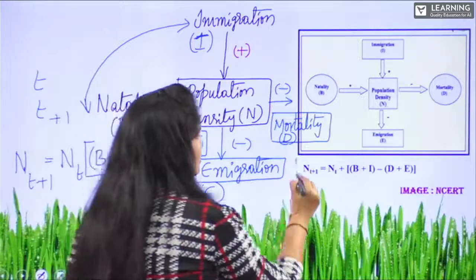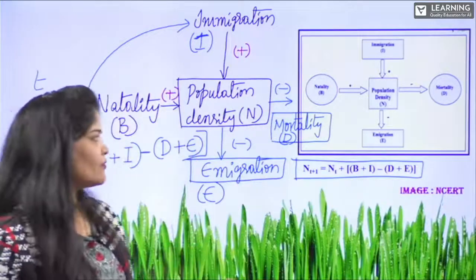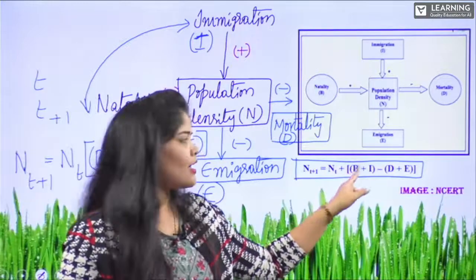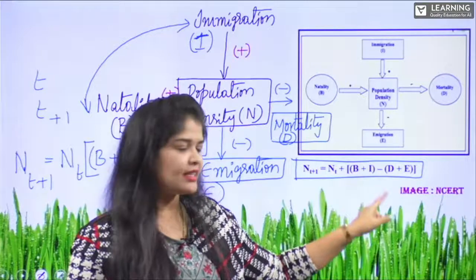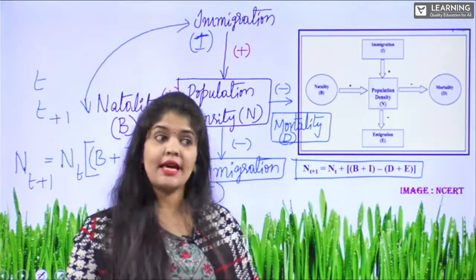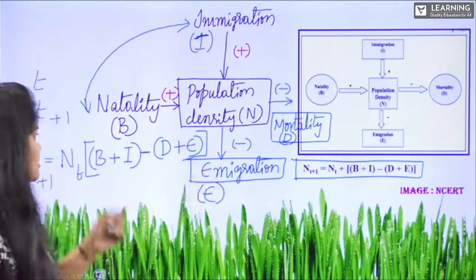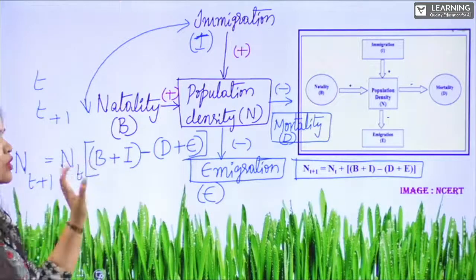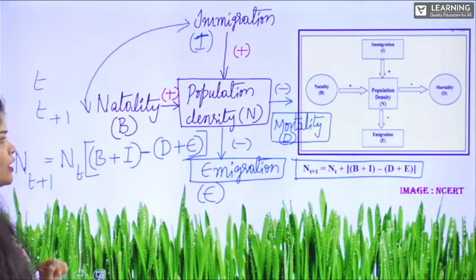This is what is given in your NCERT textbook, where B is natality and I is immigration, capital D is mortality, and capital E is emigration. That is what the equation represents. So this is the equation we got from this flow chart, right? Clear? Okay, let's move on.